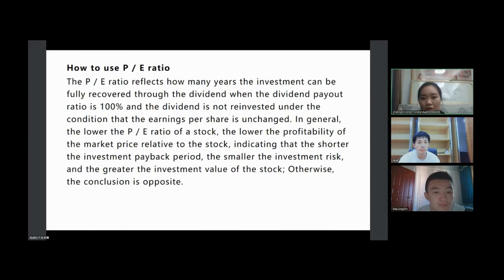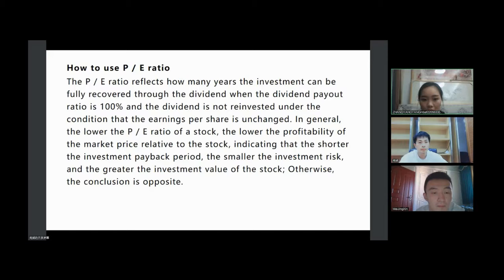The P/E ratio reflects how many years of investment can be fully recovered, when the dividend payout ratio is 100% and the dividend is not reinvested, under the condition that the earnings per share is unchanged.